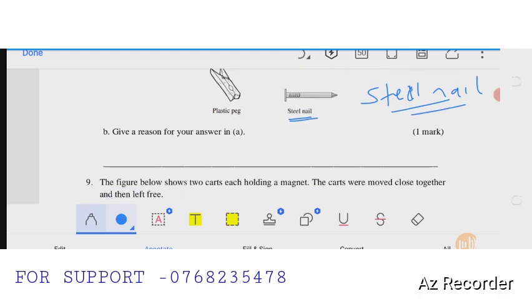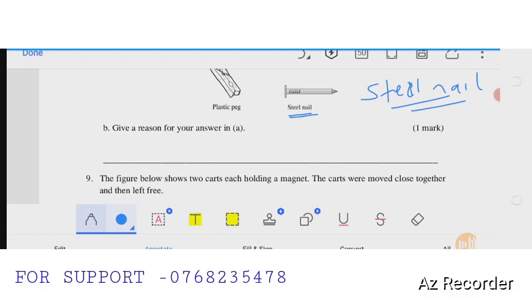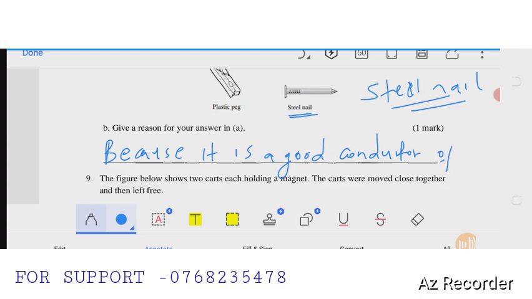So the next one, give reason for your answer. Reason is because it is a good conductor of electricity.